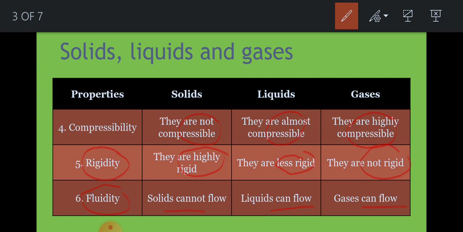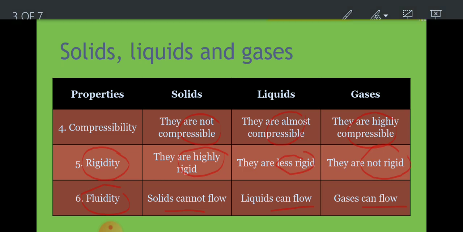A substance whose molecules can move easily in space is said to be fluid. Now fluid means gases or liquids, both. In some cases I find that students say that fluids means liquids only. No, fluids represent both gases and liquids.